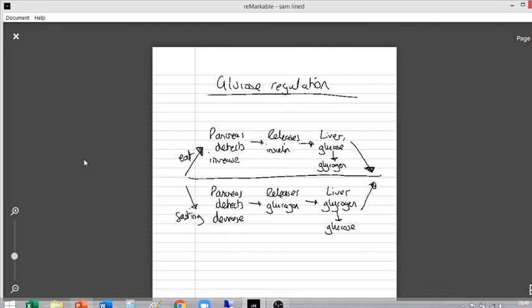And that glucose will diffuse back into the bloodstream, and the glucose concentration returns back to normal. This process, when something happened to take the concentration away from normal, and the body's response was to bring it back, that is called negative feedback.